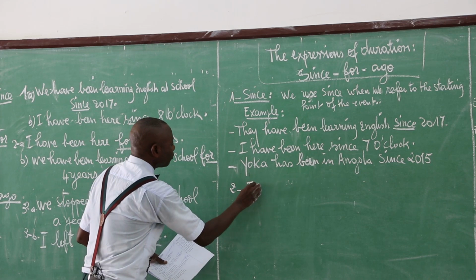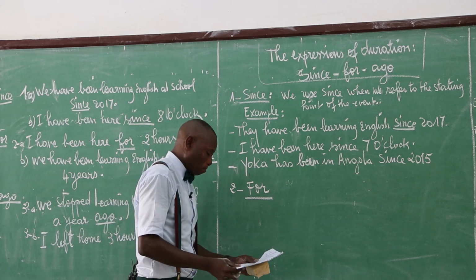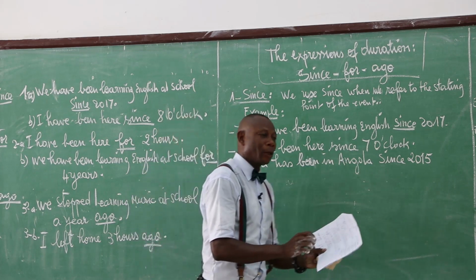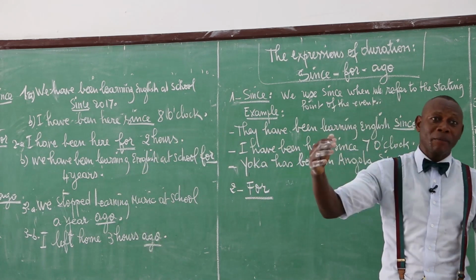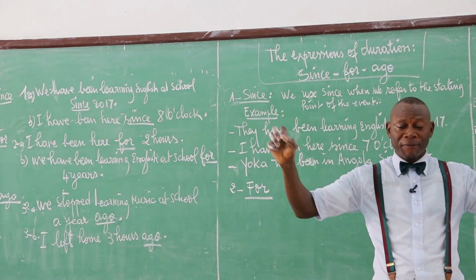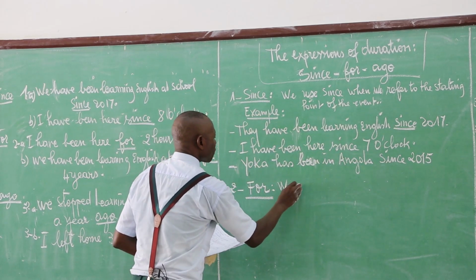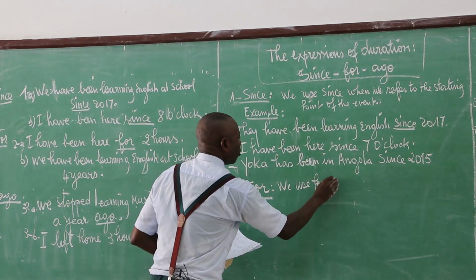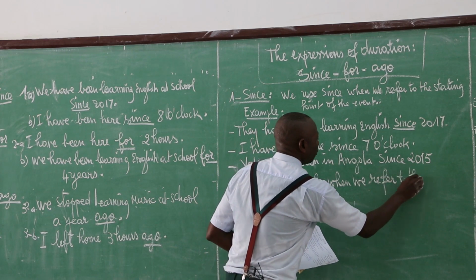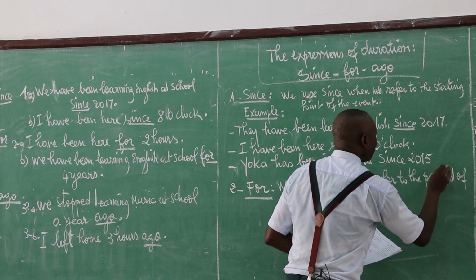Number 2, for. We use for when we refer to the period of time in length, the duration. We use for when we refer to the periods of time.